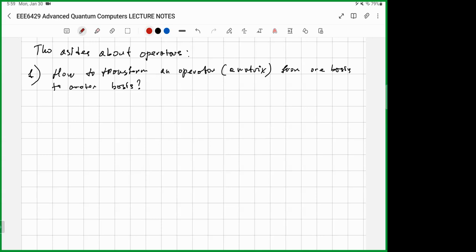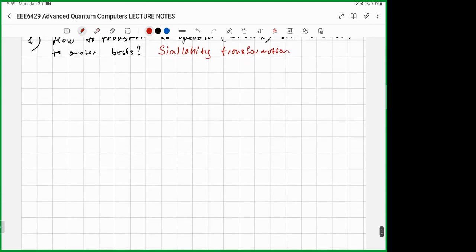So this is something called similarity transformation. In linear algebra, it's called similarity transformation. So how do we do so? We know that, for example, we have an operator L hat, and we can represent this operator in a matrix notation like this, right?